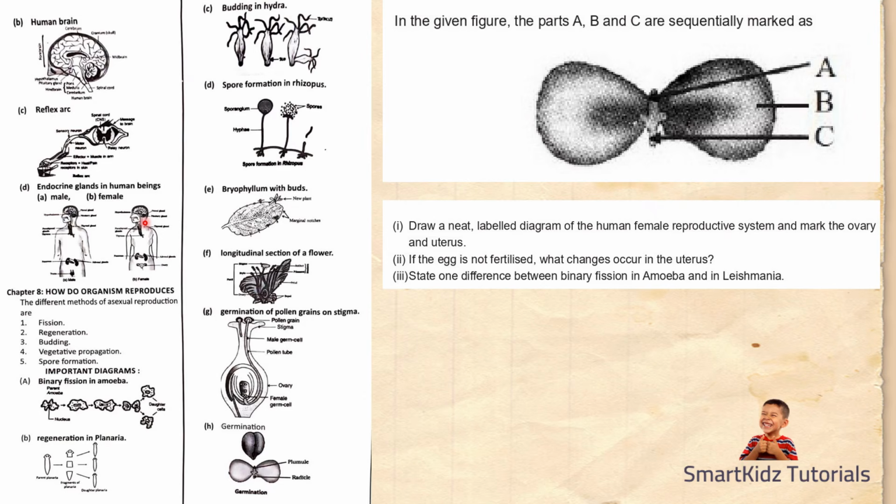Then we have testosterone in males and estrogen in females. Very important, you should know a particular hormone. Remember the hormone, which gland secretes it, and what is the role of that hormone.